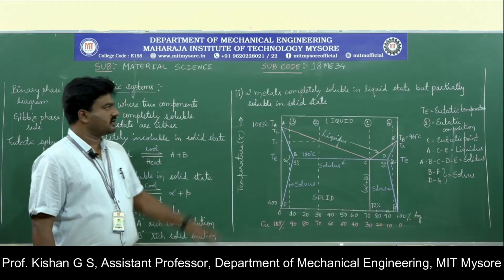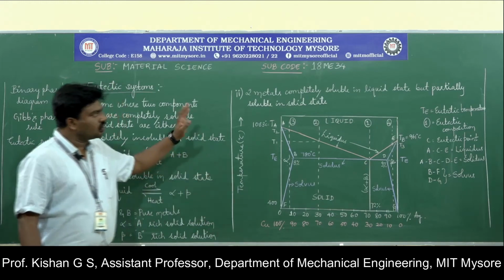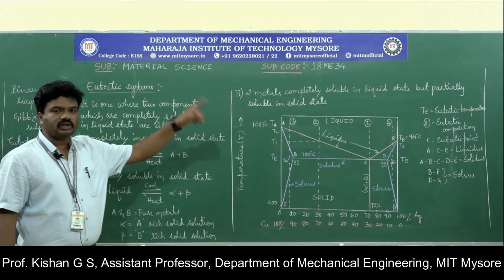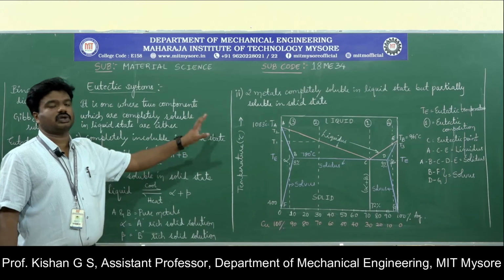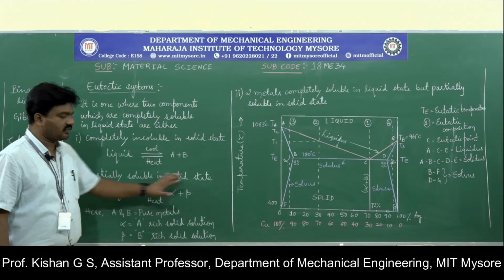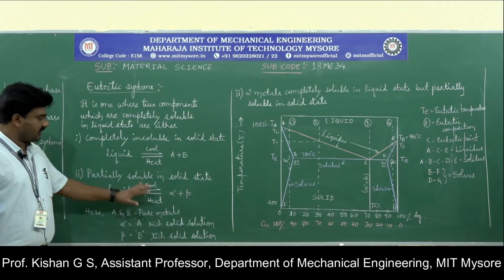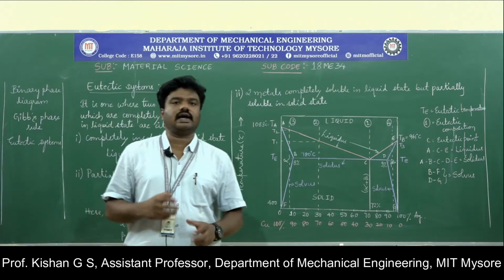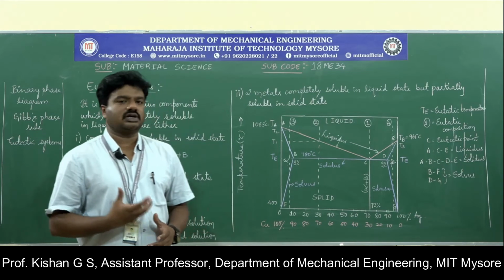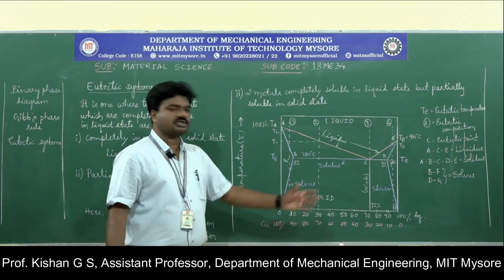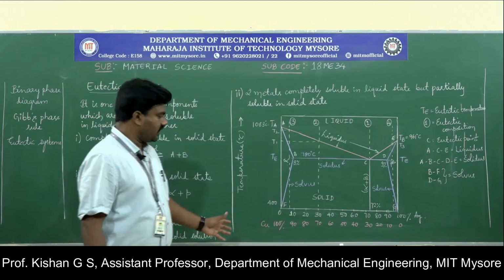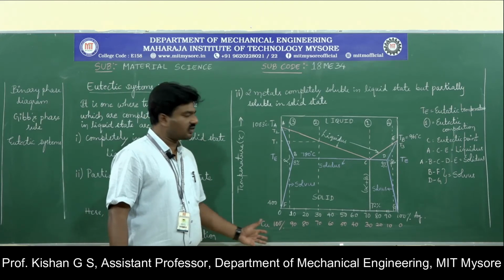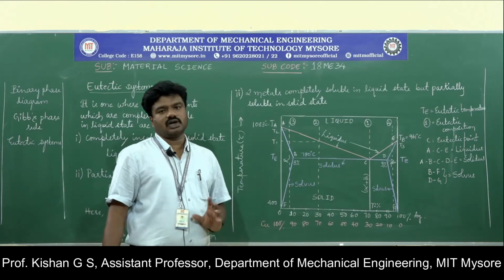Let us take the second condition, that is, two metals completely soluble in liquid state but partially soluble in solid state. You can refer to this particular representation here. Instead of taking pure metal A and pure metal B, we have considered the combination of copper and silver. To the left is the maximum percentage of copper, to the right the maximum percentage of silver.